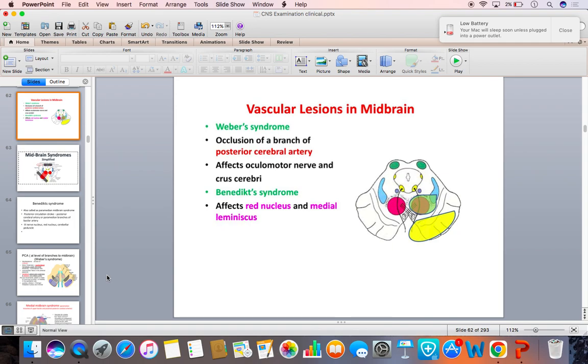Again, a recap about Weber syndrome and Benedikt syndrome. This is the diagrammatic representation of the lesion.